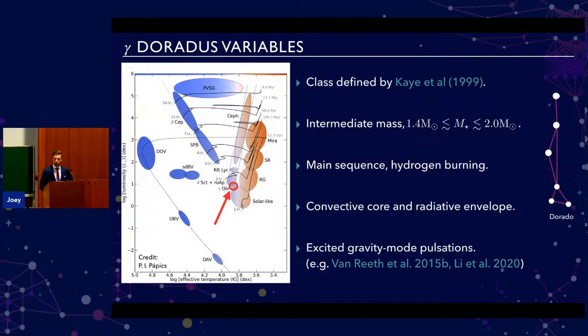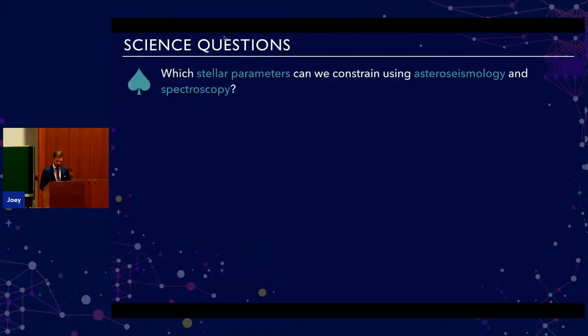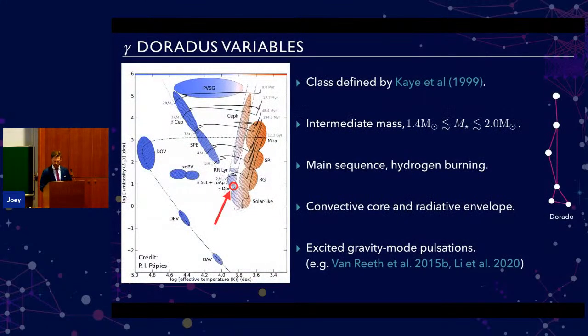The type of stars that I've been studying during my PhD are the so-called Gamma Doradus variables. They're named after the prototype Gamma Doradus in the Dorado constellation, and they were only officially defined as a class of pulsators not that long ago, in 1999. These are intermediate mass stars, 1.4 to 2 times the mass of our own sun.